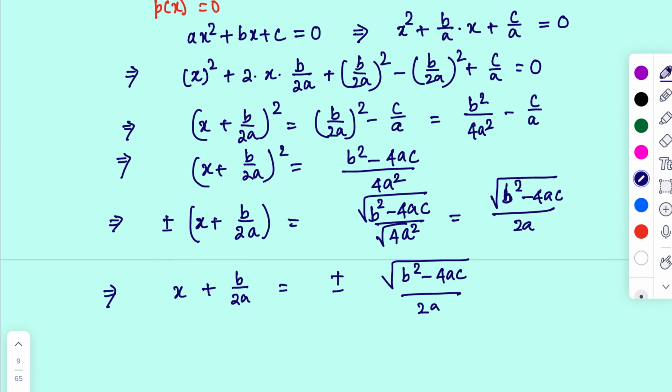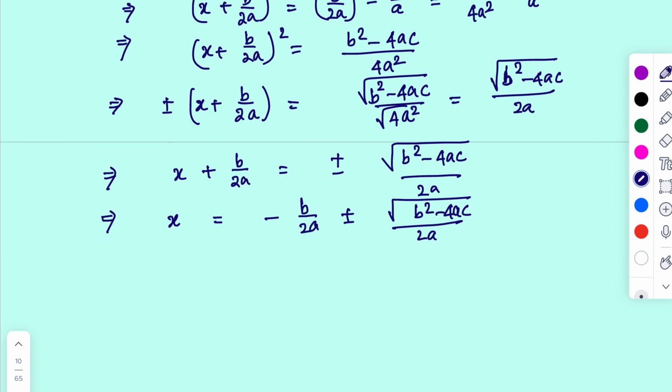Minus plus or plus minus is same thing, here it is. So we will write x is equal to minus b by 2a plus minus square root of b square minus 4ac by 2a.